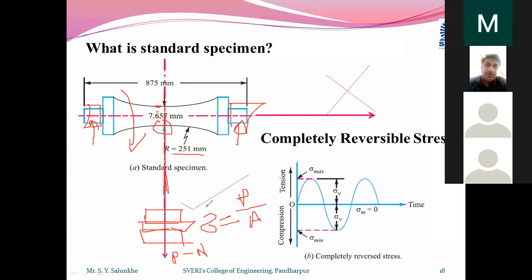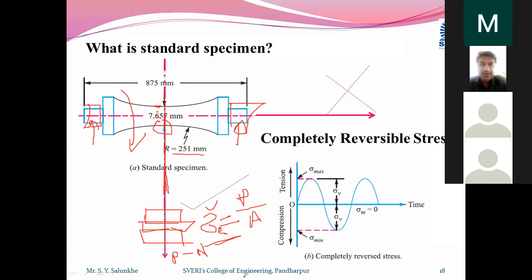Hence it becomes a value of stress. Now if you go on increasing until the specimen undergoes fatigue failure, the value of stress just before the failure, you can name as the endurance limit stress.